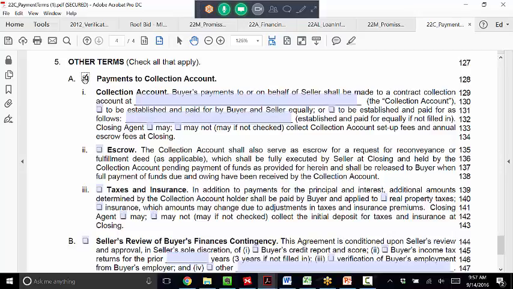So what people do instead is we reach the same agreement and we set up a contract account. Doris makes a payment into the contract account, and then the contract account pays the mortgage. So it's like a third party, right? B of A is going to see ASI contract collections on the checks.